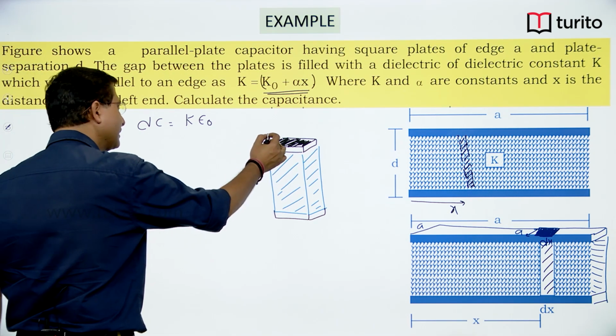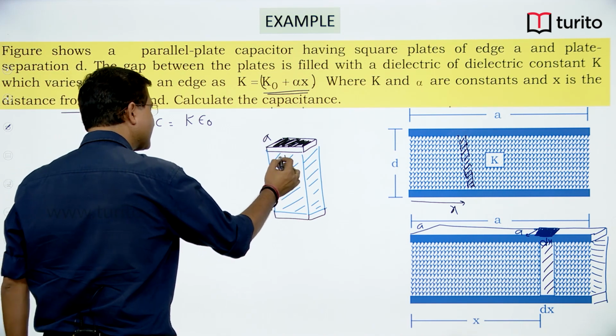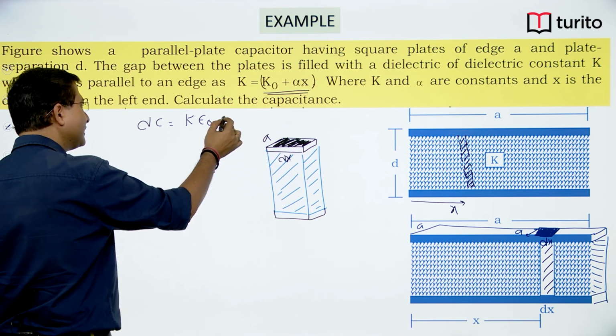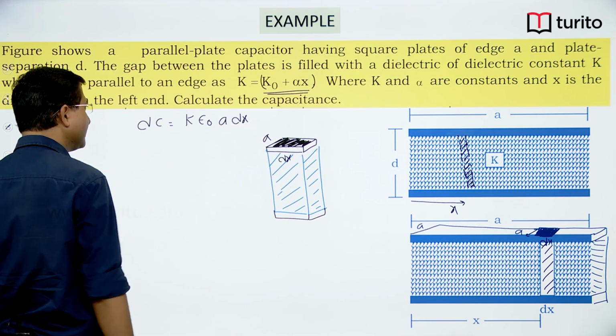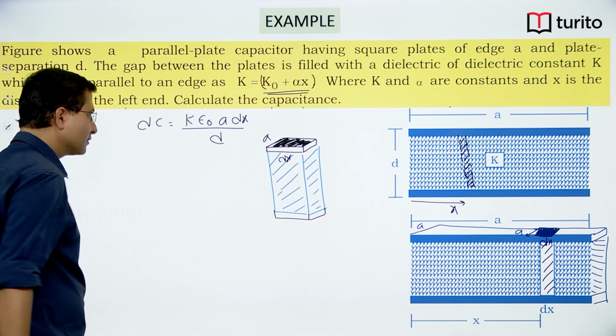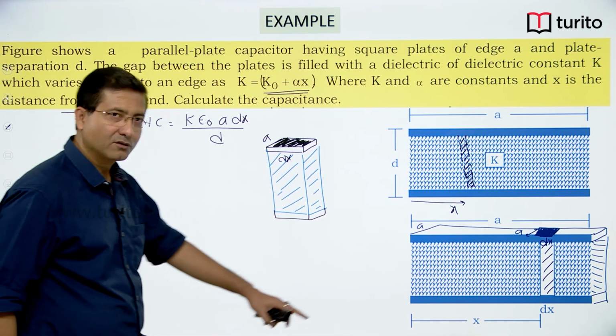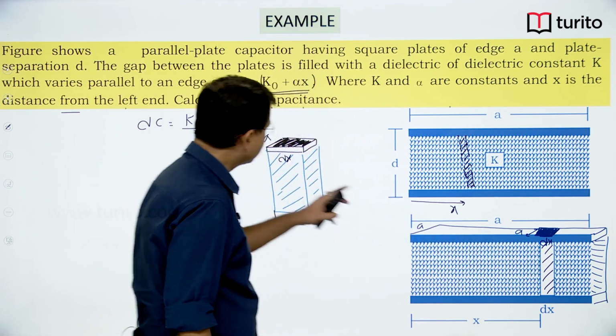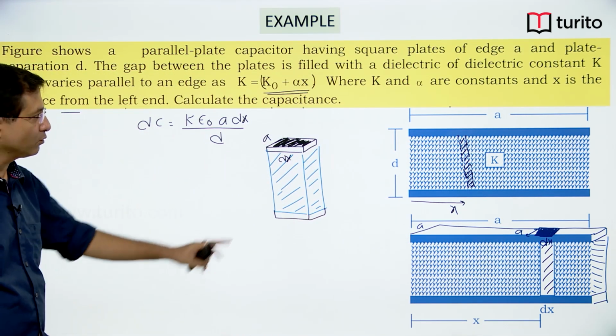This side is A, this side is A, this thickness is dx, so the surface area will be A dx, divided by the separation d. So the capacitance of this part is this one. Now, I hope it is clear.